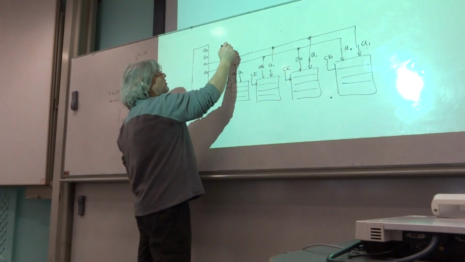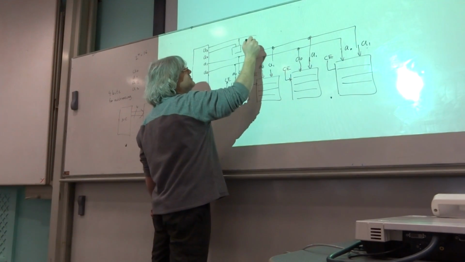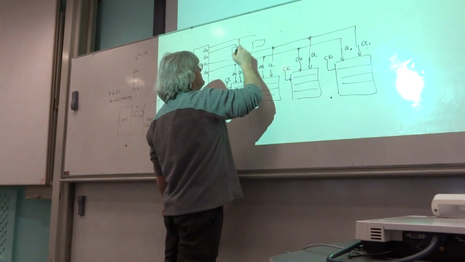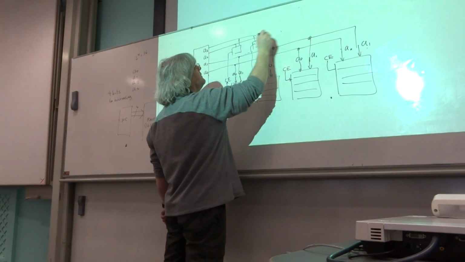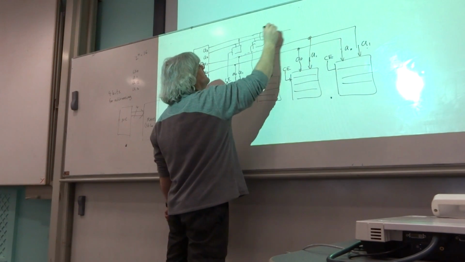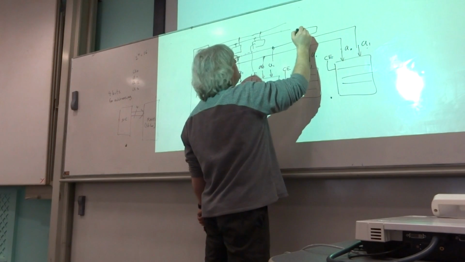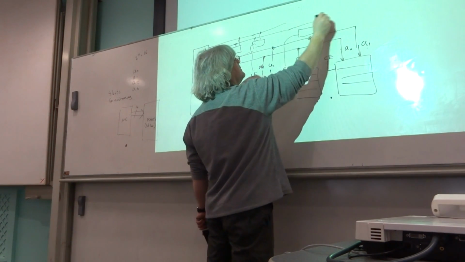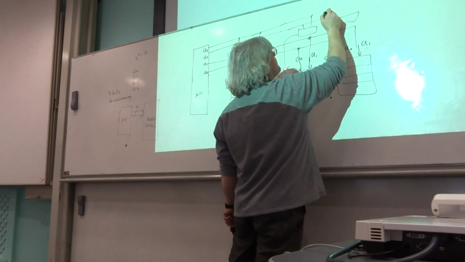So there'd be a little bit of combinational logic here. So A2 and A3 would be going into there. That's coming down here, this is going across here, and then over here.